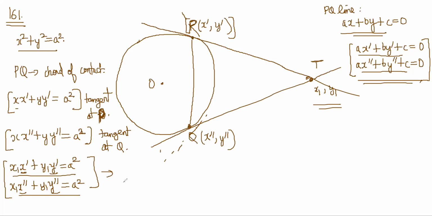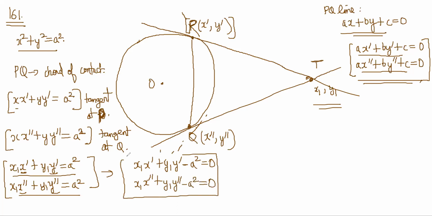Basically I can rearrange it like this: x1 x dash plus y1 y dash minus a square is equal to 0, and x1 x double dash plus y1 y double dash minus a square is equal to 0, and say that these are also conditions on x dash y dash in the same style as this, right?